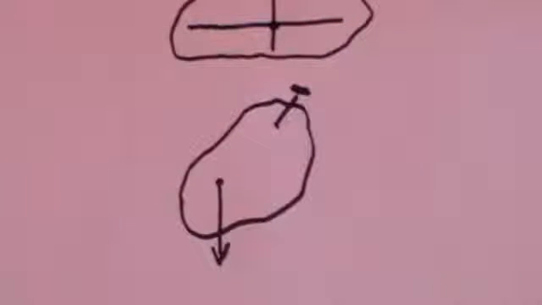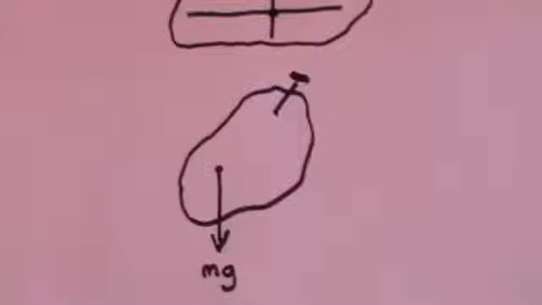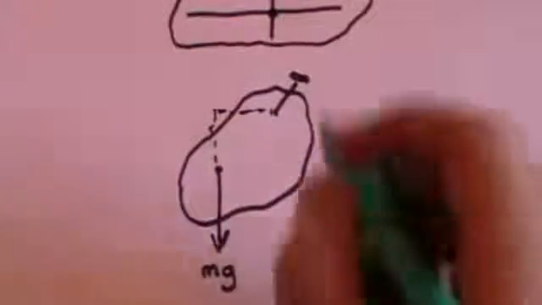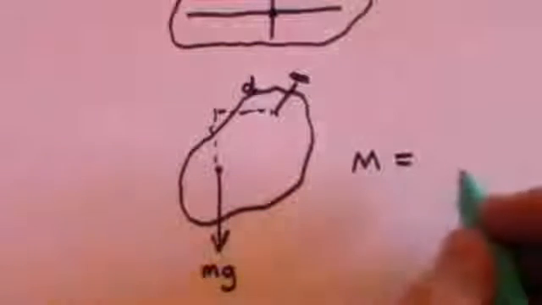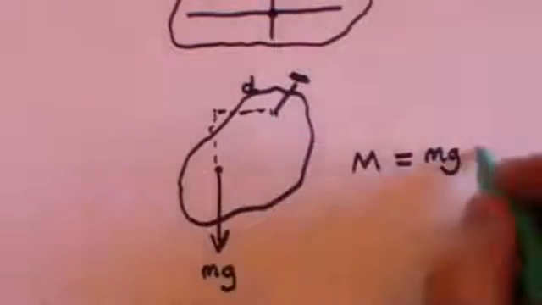If the centre of mass is here, it's because we've defined the centre of mass as the point at which all the mass can be regarded as residing, and therefore the gravitational force also operates through that centre of mass. Remember we always have to go at right angles, then there is a distance d here, and that means there is a moment of a force. The moment is equal to the force, which is mg, times the distance.